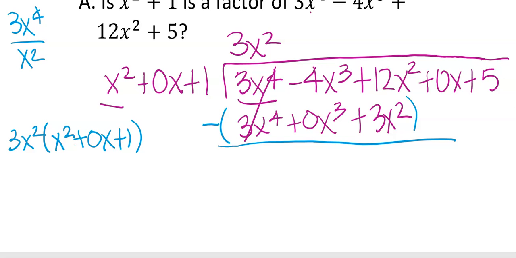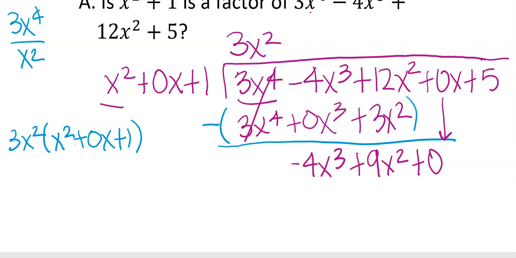These are gone. Negative 4x minus nothing is going to be negative 4x to the 3rd. 12x squared minus 3x squared would be 9x squared. And then how many terms do we need? 3, because there's 3 on the outside, so I need to bring this 0x down.